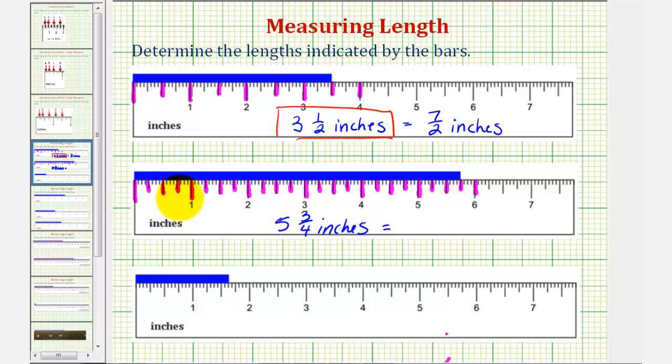So we have 4, 8, 12, 16, 20, 21, 22, 23/4 inches. 23/4 inches is equivalent to 5 3/4 inches. Again, we have a mixed number here and an improper fraction here. But normally we just give the length as 5 3/4 inches.